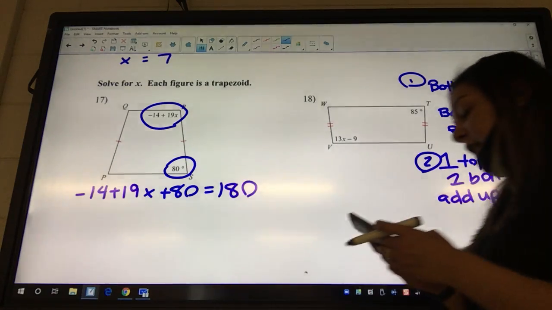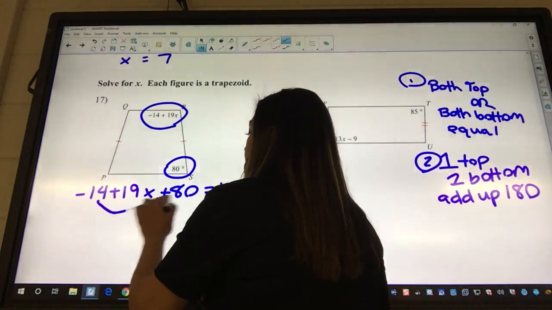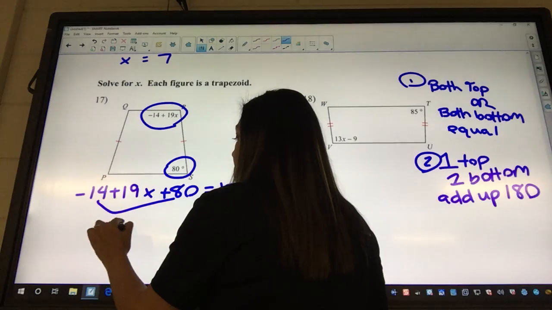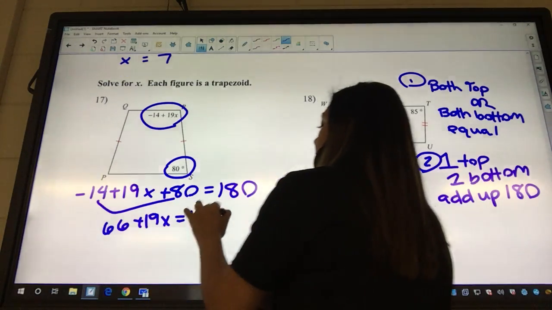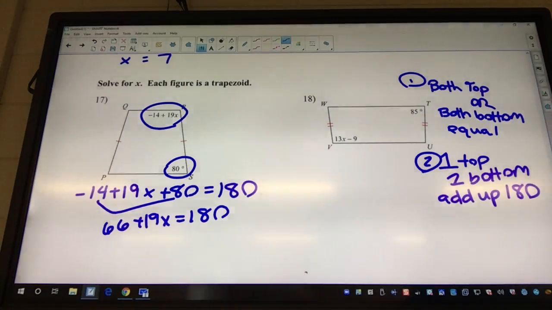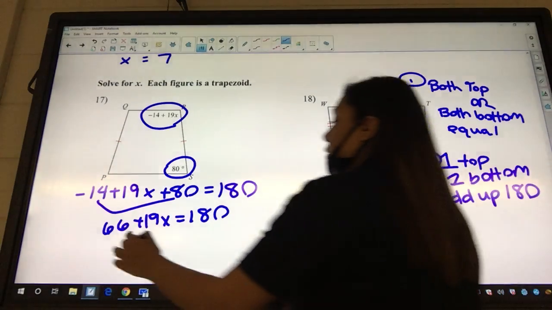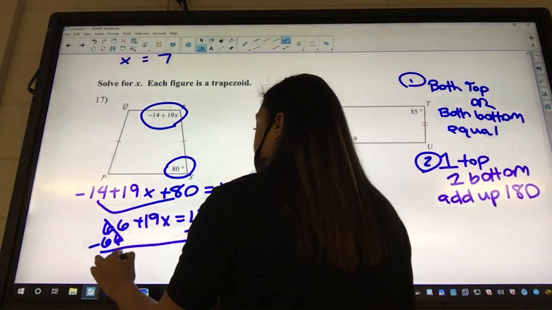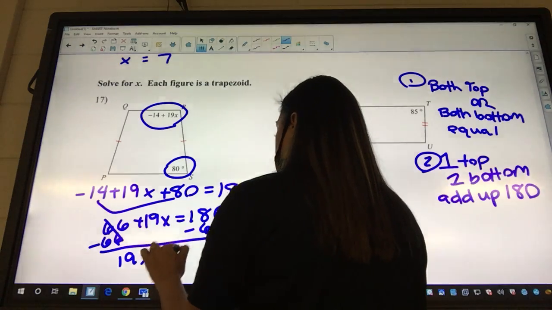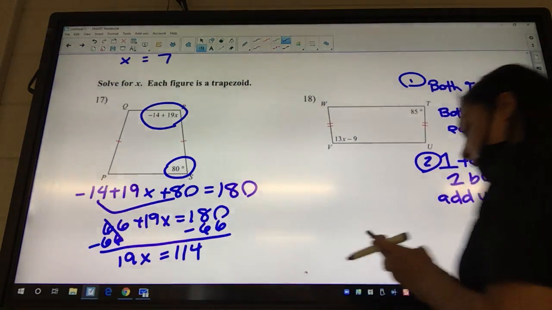I can combine this 80 and this negative 14 to give me 66 plus 19x equals 180. Then I subtract 66 from both sides. So I got 19x equals 114.